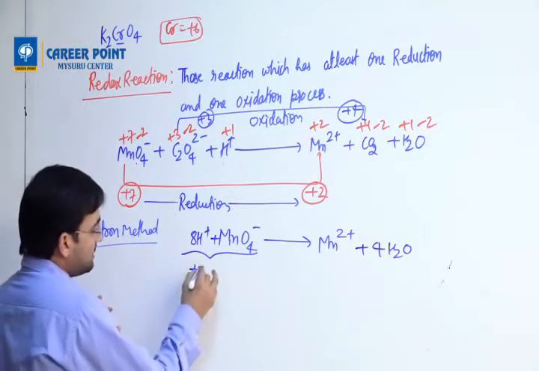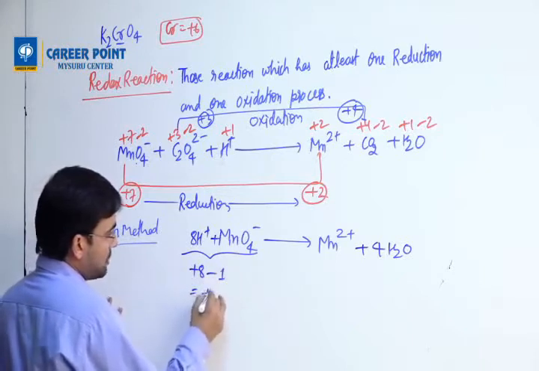Yes. So plus 8 minus 1 is equal to plus 7.